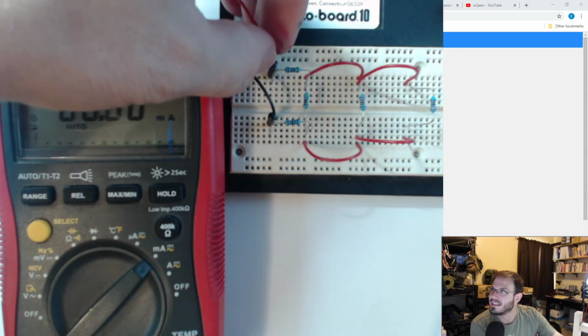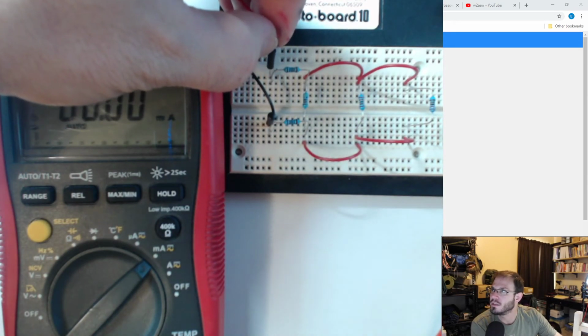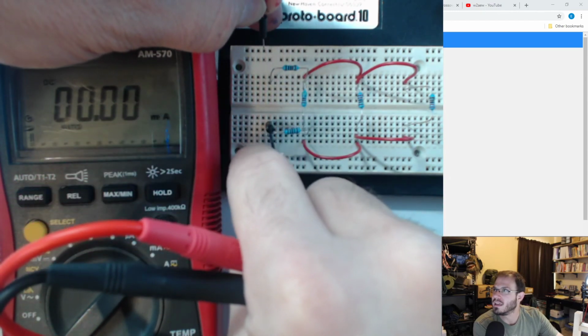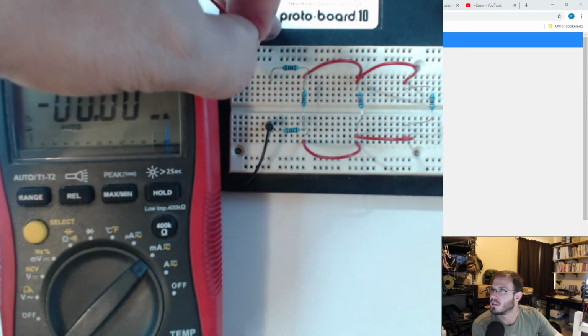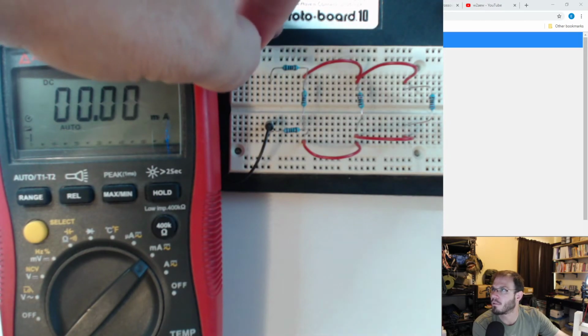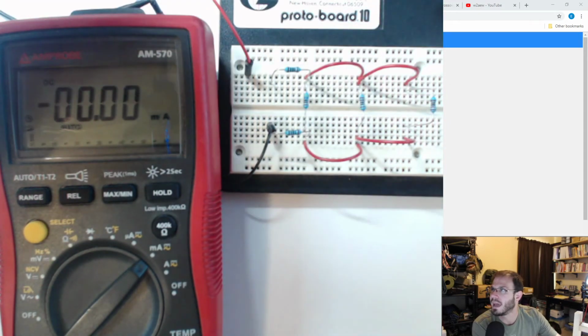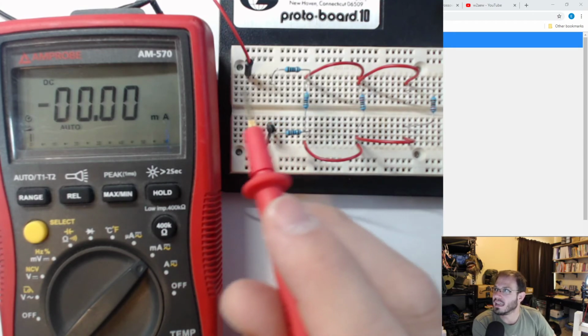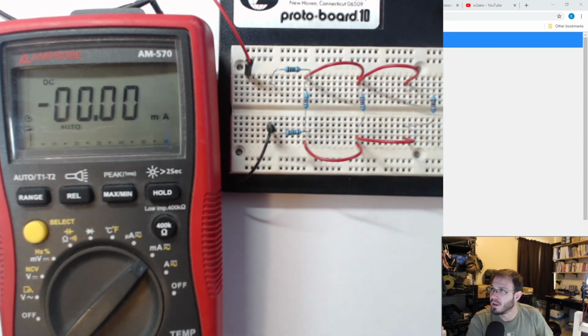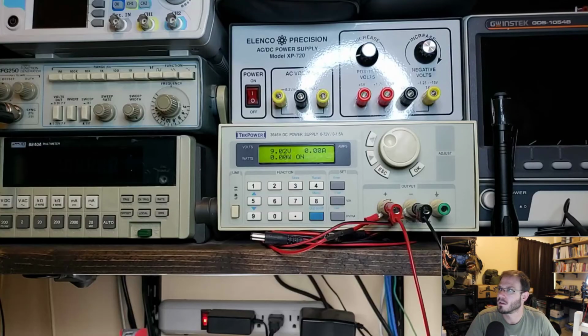To make this easier on myself, I'm just going to disconnect and move it over to a different unused set of 5 connections on my breadboard. Okay, notice I just disconnected my circuit. I should have 0 amps flowing through my circuit at this point, right? Sure enough, I read 0 on my power supply.